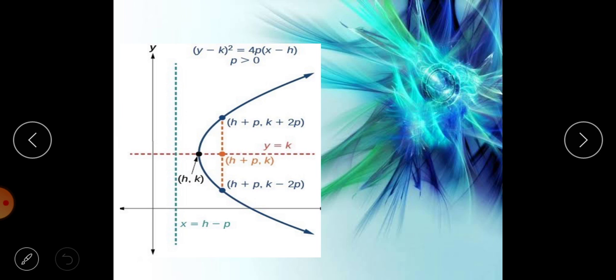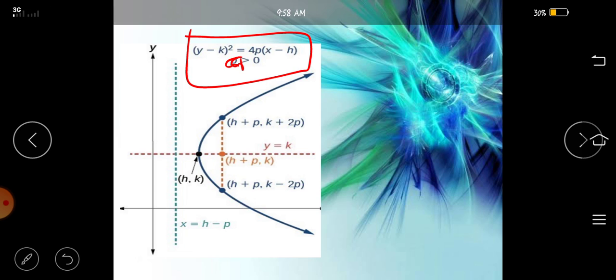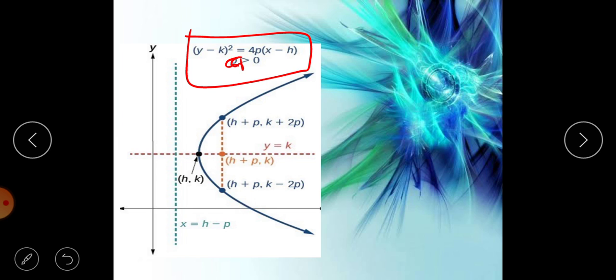So this is how the graph of the equation (y - k)^2 = 4a(x - h) looks like. When a is greater than 0, so it's a, it's not p. It can be p, but I will just use a. So when a is greater than 0, the concavity of the parabola is open to the right. In this graph, the point labeled (h, k) is the vertex.